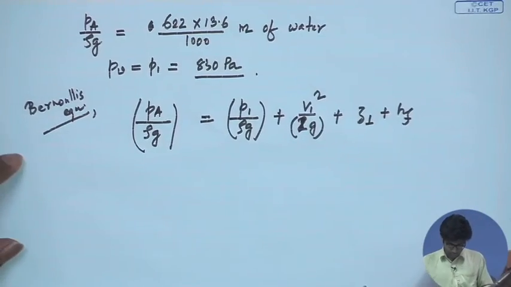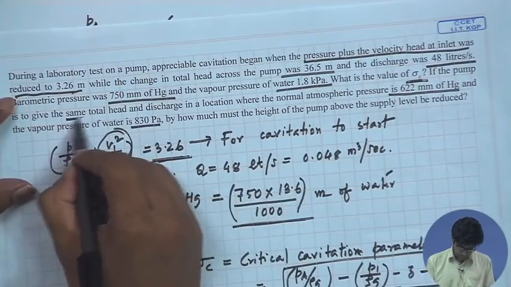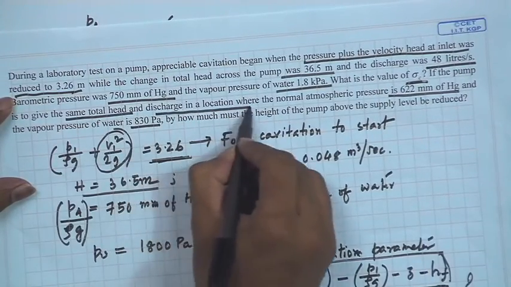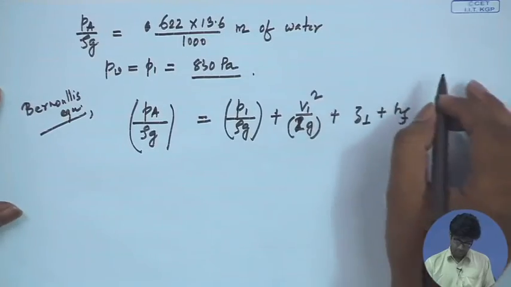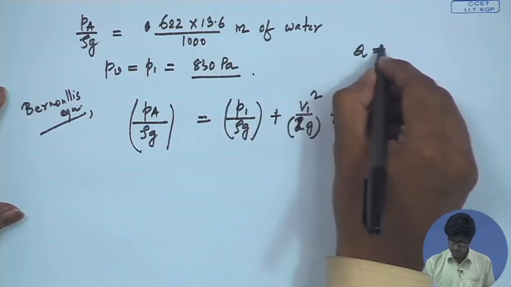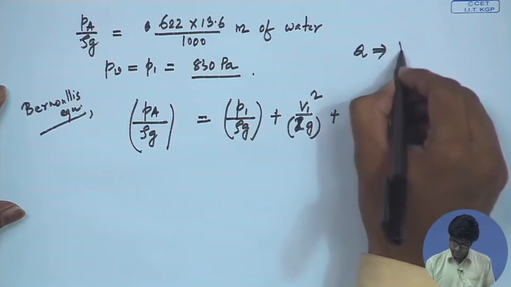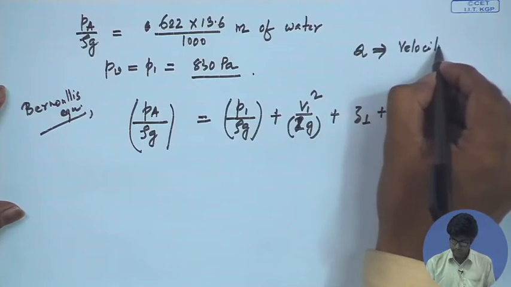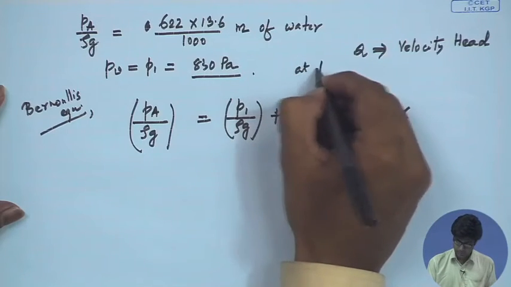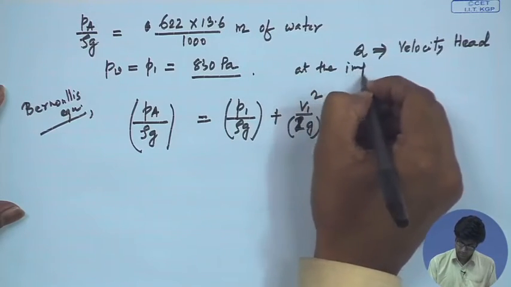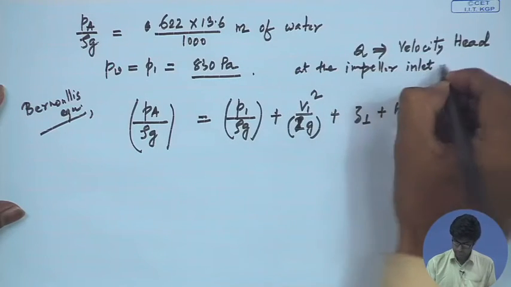Now, it is given here that the head remains the same and also the discharge remains the same. Since the discharge is the same as in the previous case, this signifies that the velocity is also the same, or in other words, the velocity head at the impeller inlet remains the same.